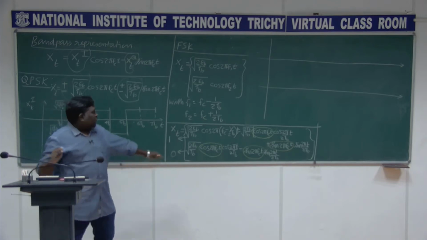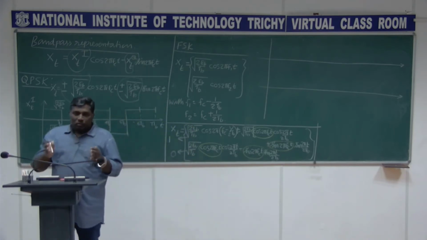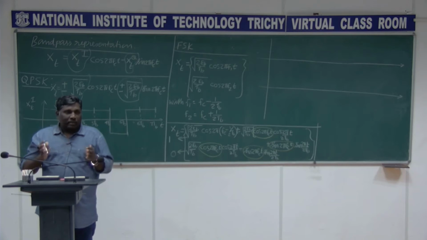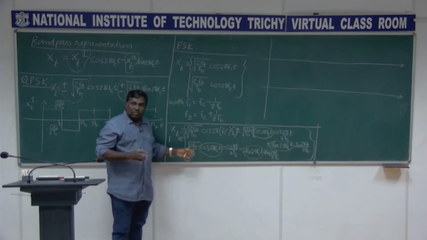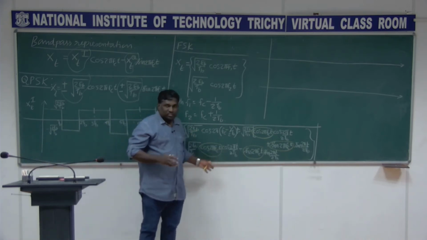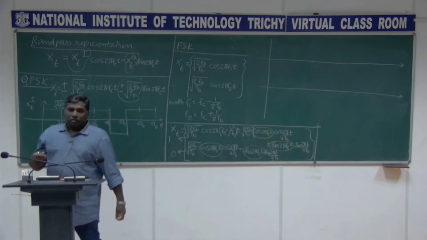And these expressions are defined once in that time duration TB. Once in TB it actually takes either plus or minus, but of course not for the in phase component. For the quadrature component it takes either plus or minus, right.